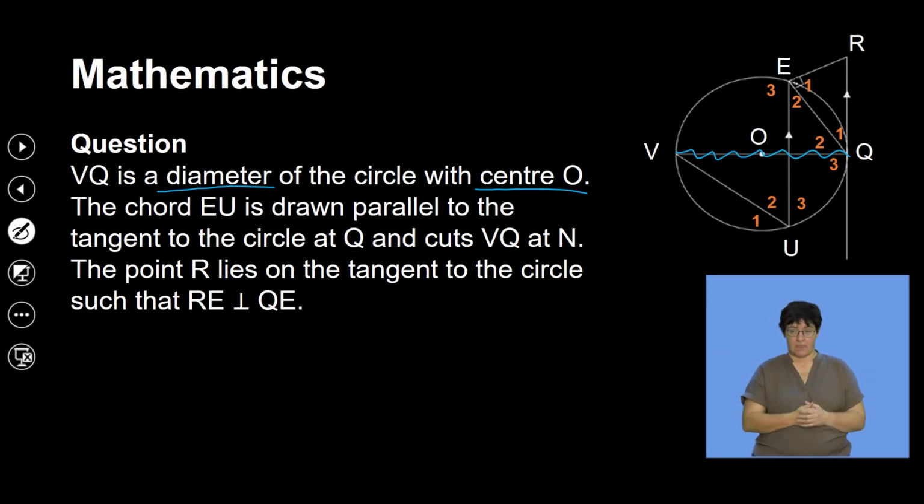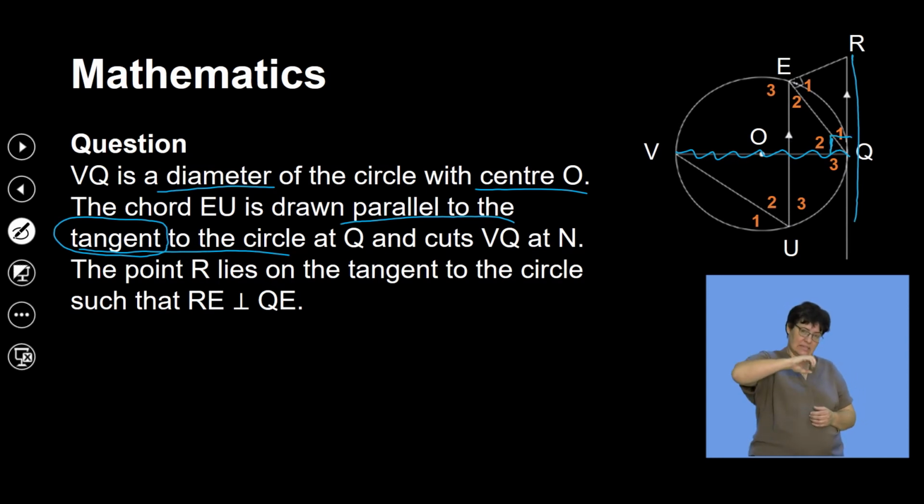And then the chord EU is drawn parallel to the tangent. Immediately they are saying tangent. Guys, I run to my diagram because that gives me some interesting information to look at, right? So if this is a tangent, it means this is a 90-degree angle between the radius and that particular tangent that I have there.